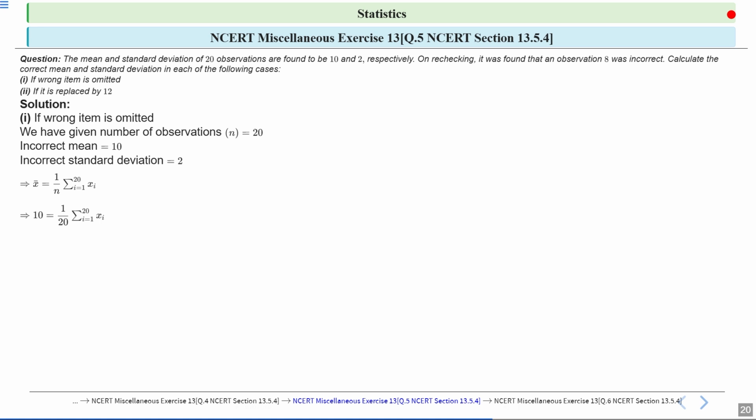So we have 10 equal to 1 divided by 20 times summation from i equal to 1 to 20 of xi. Now multiplying both sides by 20, we get the sum of xi from i equal to 1 to 20 is equal to 200. So the incorrect sum of observations is 200. This sum includes the wrong value 8, which we will need to adjust in the next steps.